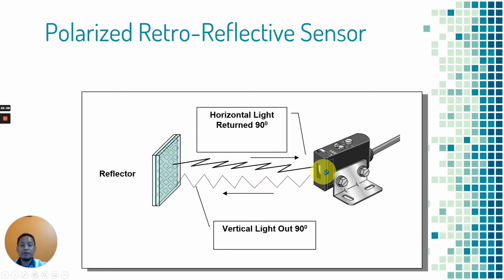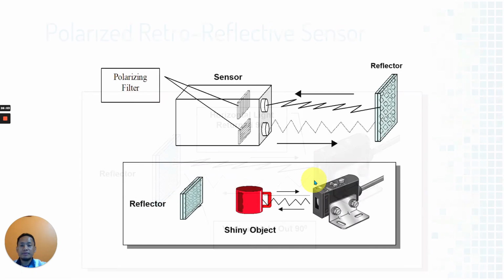The signal is transmitted from the emitter and received by the receiver. For example, we can detect a shiny object by using this sensor.